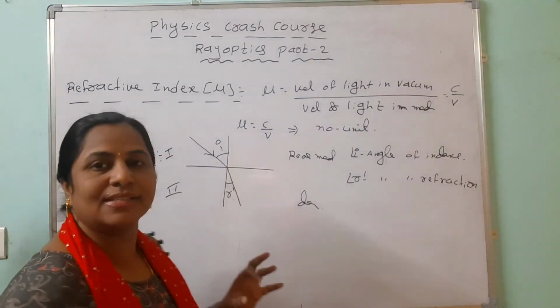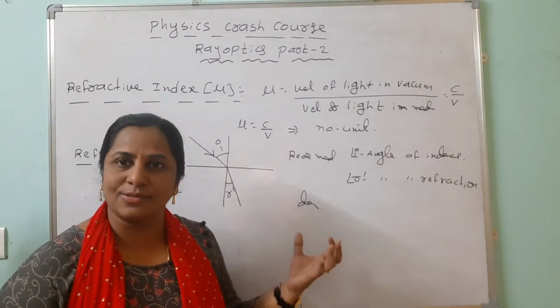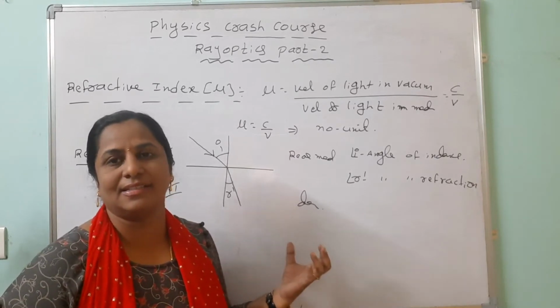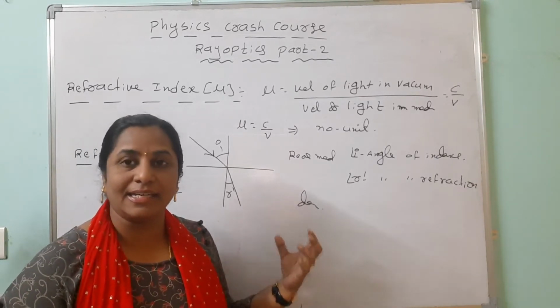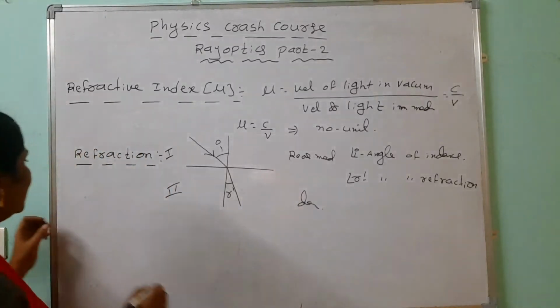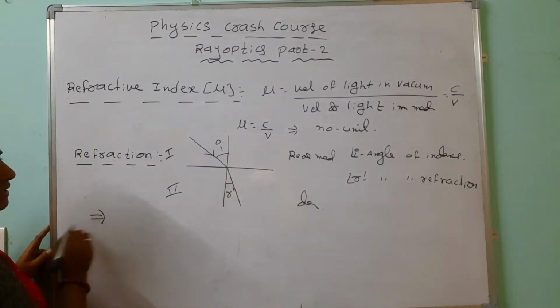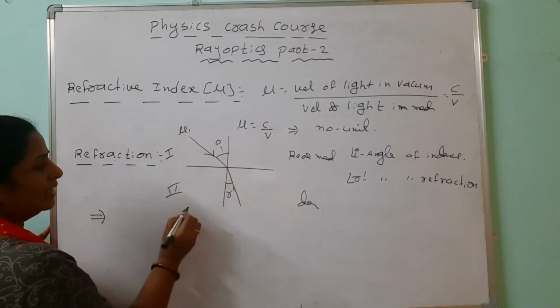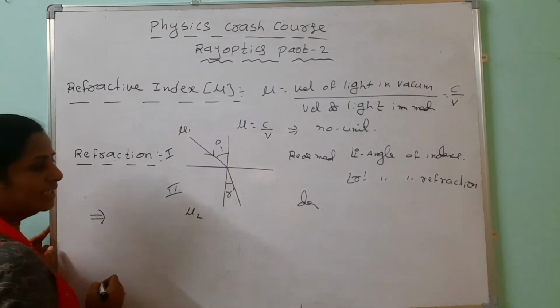And what are the laws of refraction? Here also the incident ray, normal and refracted ray, all these three are in the same plane. And the next one is very important, that is based on Snell's law. Suppose the first medium refractive index is mu1 and the second medium refractive index is mu2.